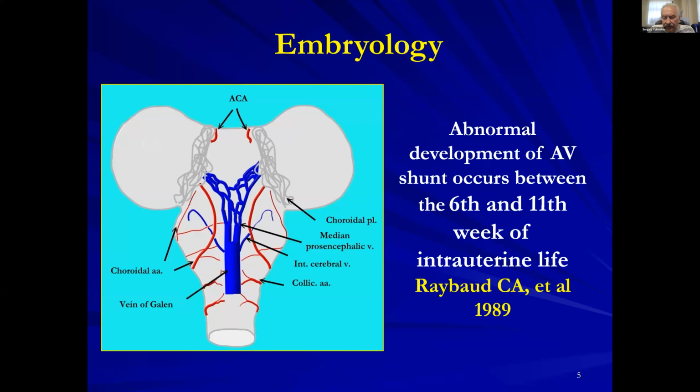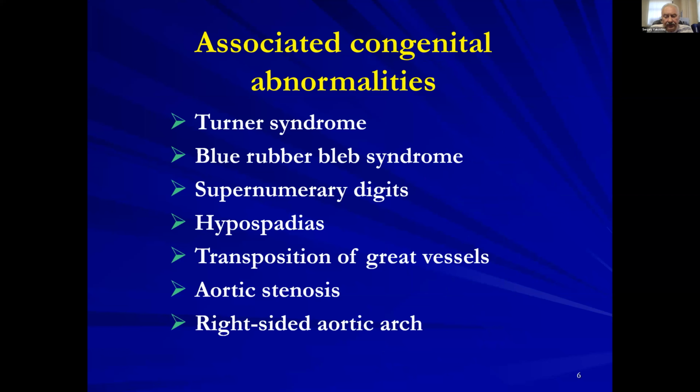Abnormal development of the arteriovenous shunt occurs between the 6th and 11th weeks of intrauterine life. There are associated congenital abnormalities such as Turner syndrome, supplementary digits, hypospadias, transposition of great vessels, aortic stenosis, and right-sided tachycardia.